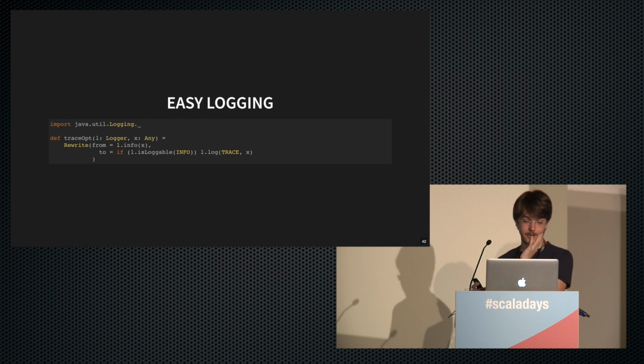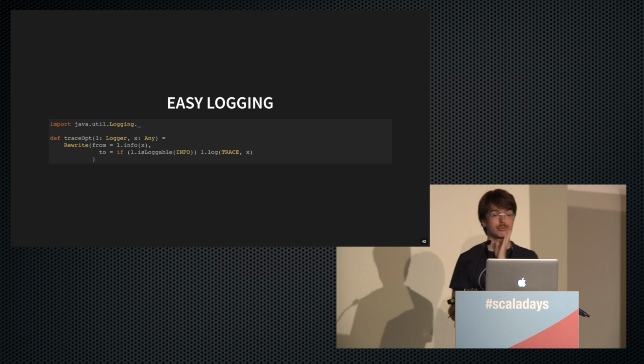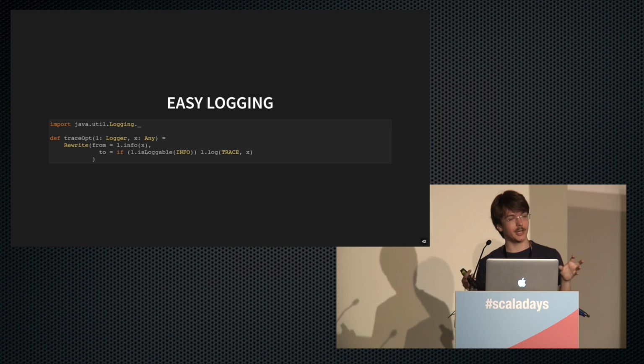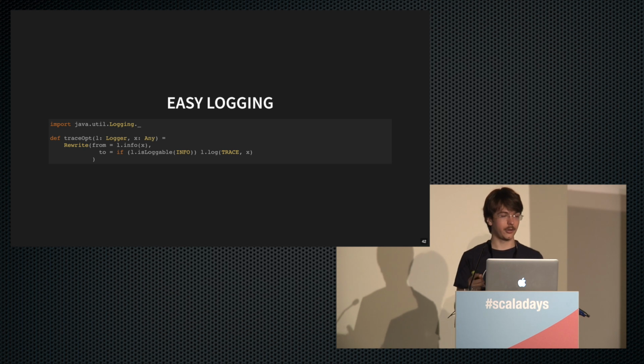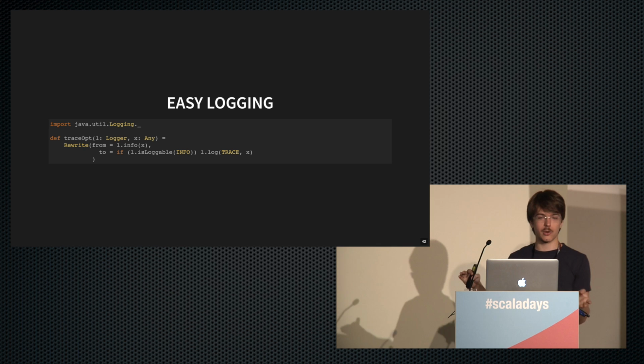You can also do easy logging. So you know this example from Java, which also applies to Scala, that if you're checking if your logging is enabled in performance-sensitive code, you don't want to pre-create the closure which actually will create the log message. And you have this funny double checking: if it's loggable, log, and the log inside will check once again if it's loggable.